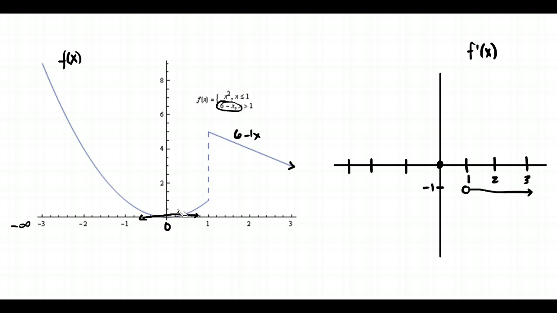So from 0 to 1, let me go ahead and erase this little horizontal line so we can interpret it. Right to the right of 0, if I were to draw a little tiny tangent line, it's going to have a slope of something like, again approximating, 1/8. Not a very steep slope. And as I continue to move along, I'm going to have steeper and steeper slopes. So maybe 1/4, and then 1/2, and then 1.